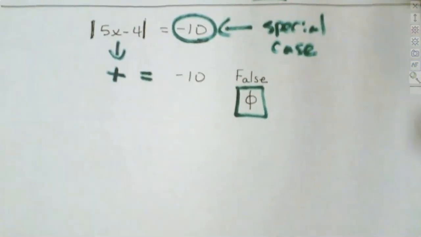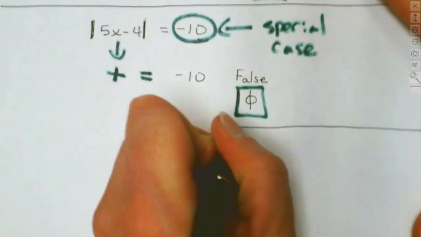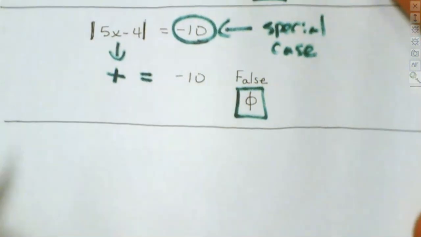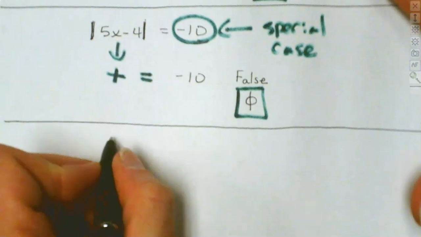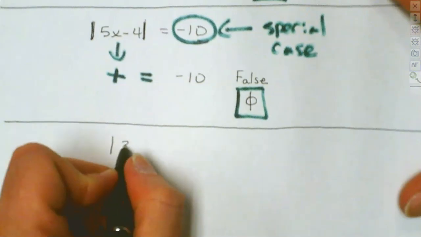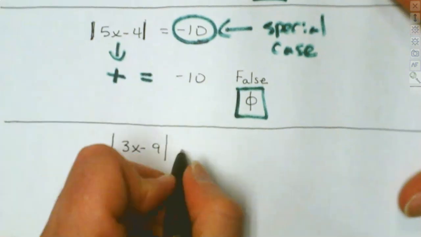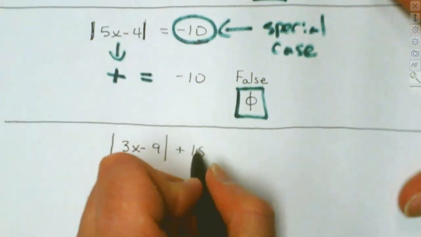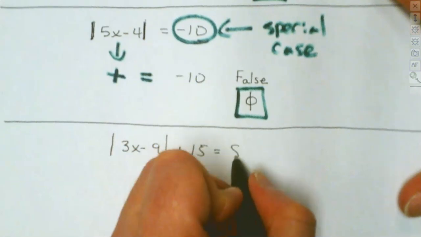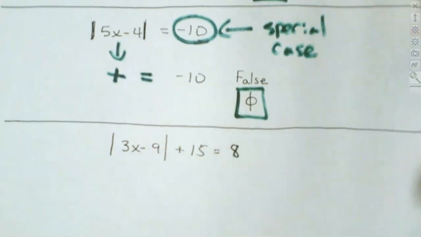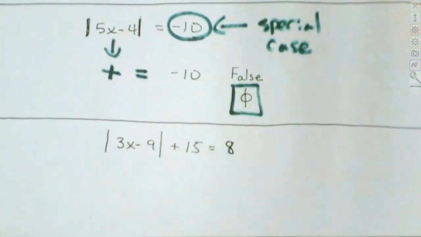You may have to move numbers around before you start solving, just like before. Now this one is going to behave just like the last ones. Before we start looking at it, though, what's the very first thing that we must do?